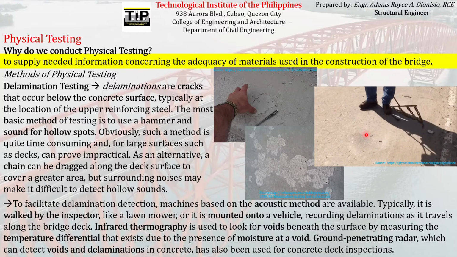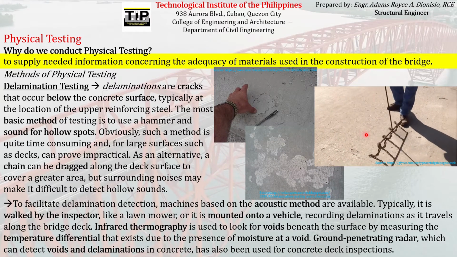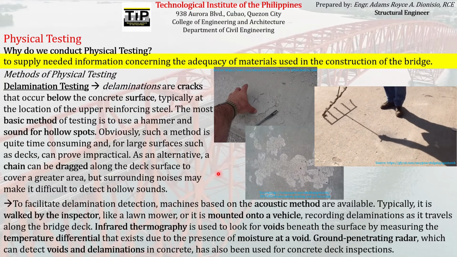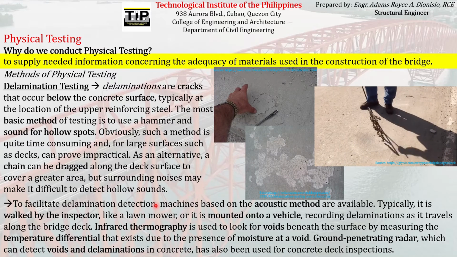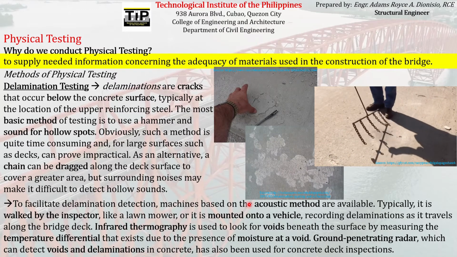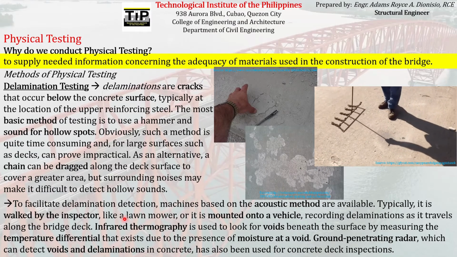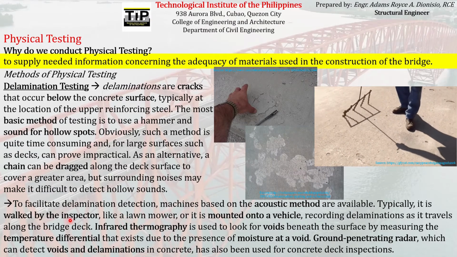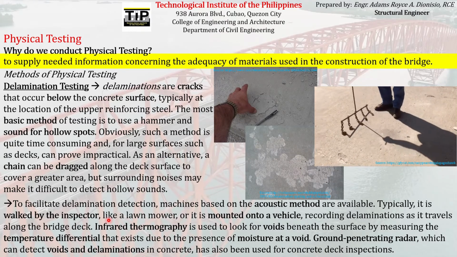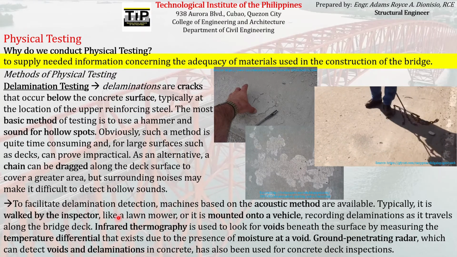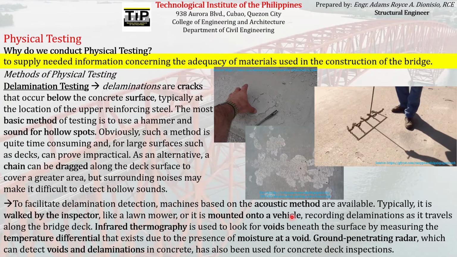So as an alternative to that method, we can use delamination detection machines that are mainly based on the acoustic method, wherein the inspector will just walk along the concrete surface with a particular machine, which looks like a lawn mower, or it can also be mounted onto a vehicle.